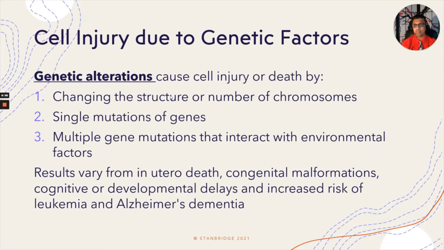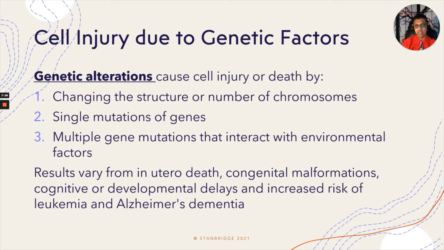Okay. Now, you can have genetic alterations, right? Cause cell injury or death by changing the structure or number of chromosomes. Remember, we have 46 chromosomes, 23 from mama, 23 from papa. So there can be some genetic factors that can change the cells. Single mutation of genes. Now, not all mutations are bad, and some mutations occur and nothing comes out of it. But it's when a mutation occurs and changes the DNA structure that could be a problem.